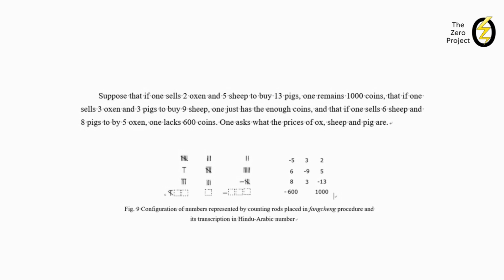So by division between the 2 numbers, one could find the price of the object, and then the other prices are deduced. So how to eliminate the numbers on the counting board without changing the relationship between the numbers? Two ways are recorded in this ancient book.